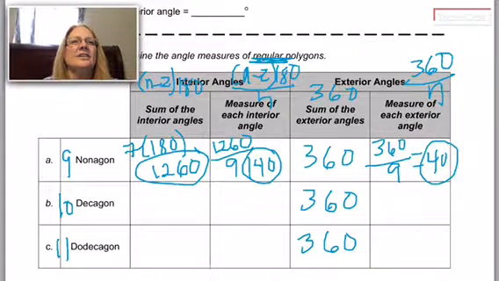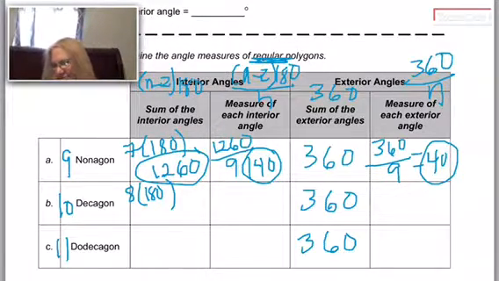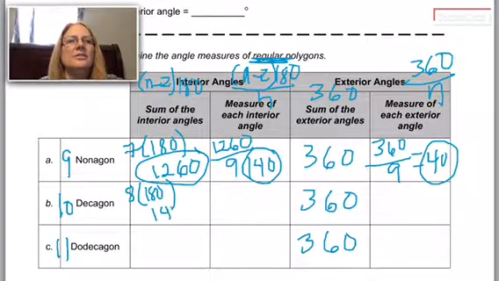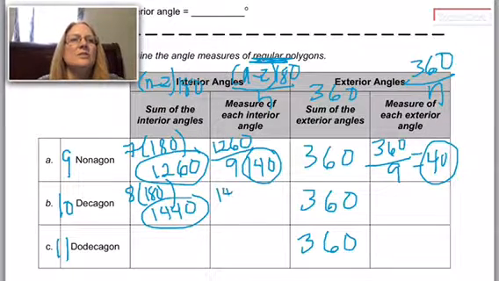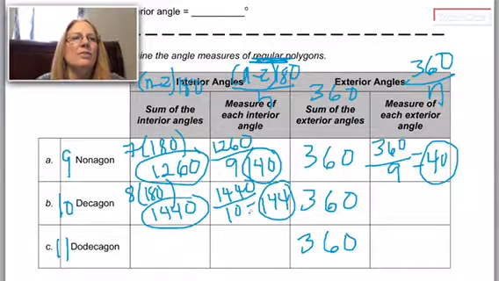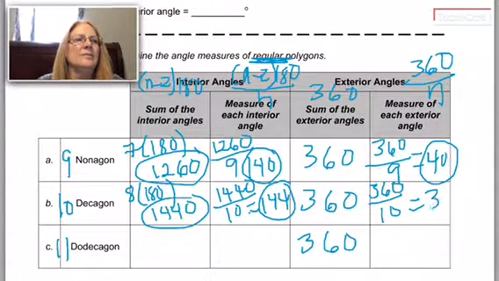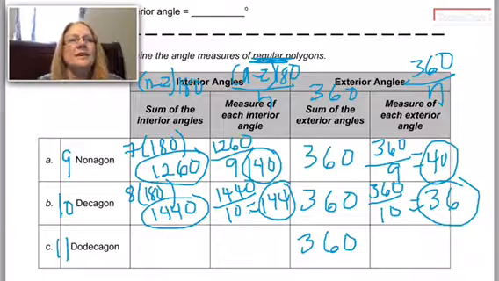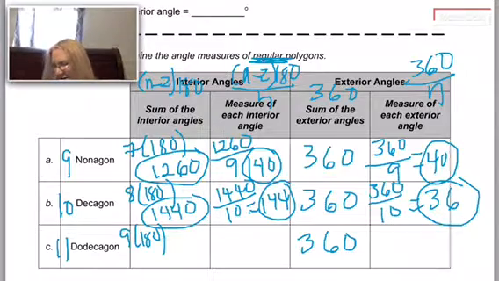So a decagon, 10 minus 2 is 8 times 180, and that's 1440. And then this is 1440 divided by 10, which is 144. And then this is just 360 divided by 10, or 36. And now 11 minus 2 is 9 times 180, and that is 1620.